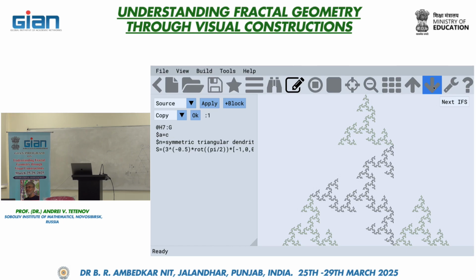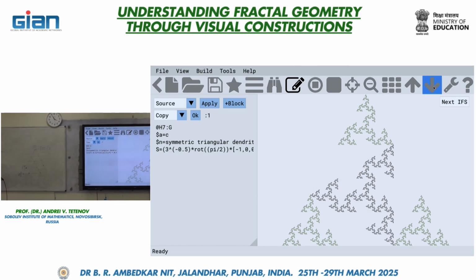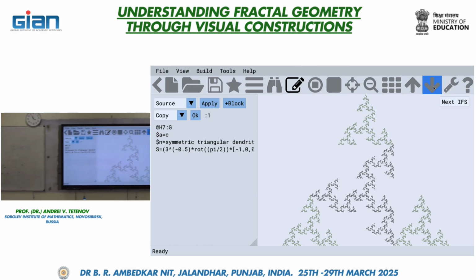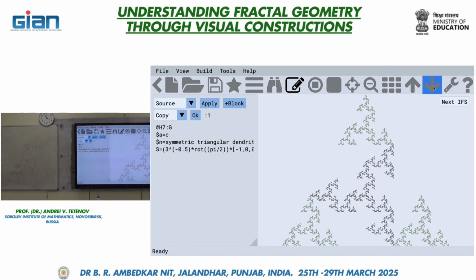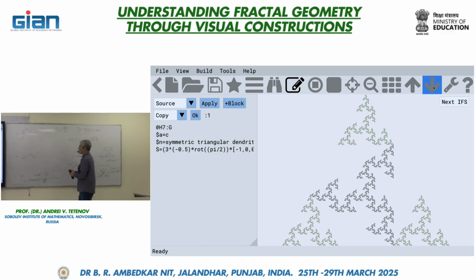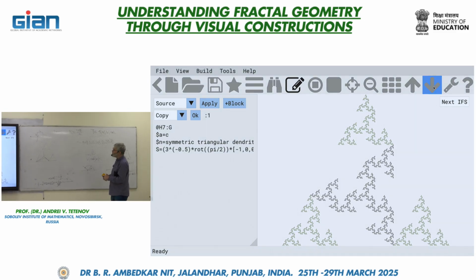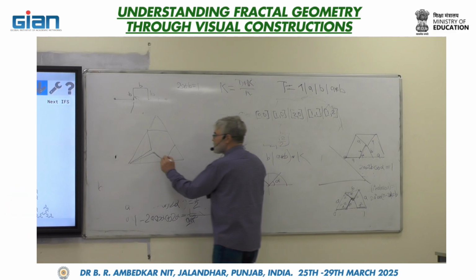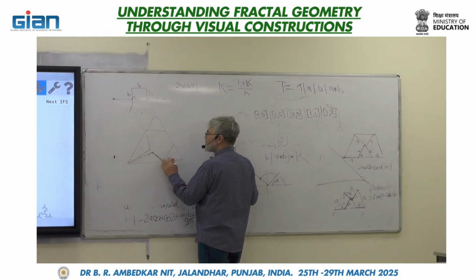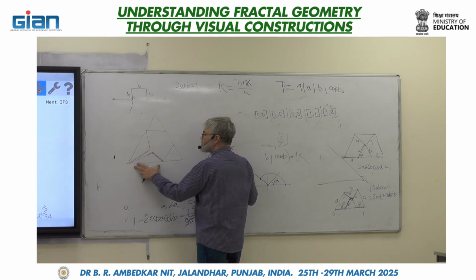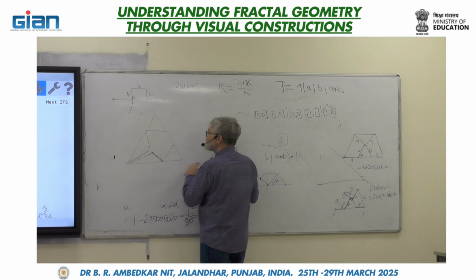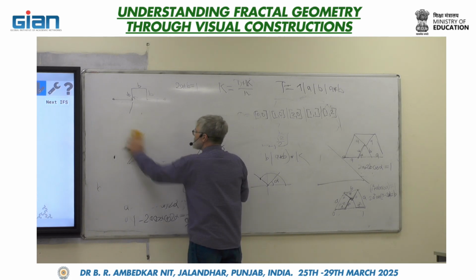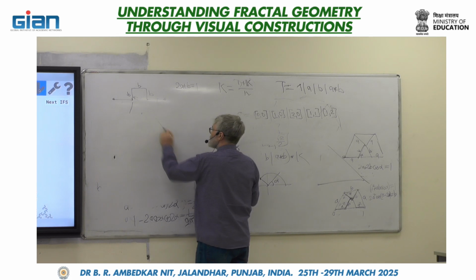Make here two smaller triangles, and make here two such triangles. You see? So we'll make a self-affine dendrite. So this map will send... Oh, excuse me. Let us make it the following way.